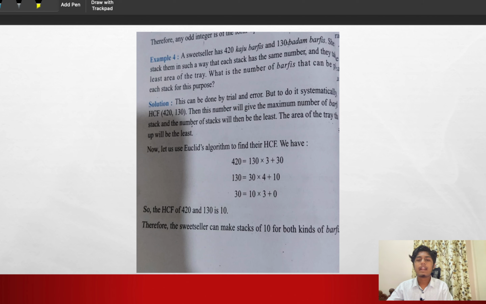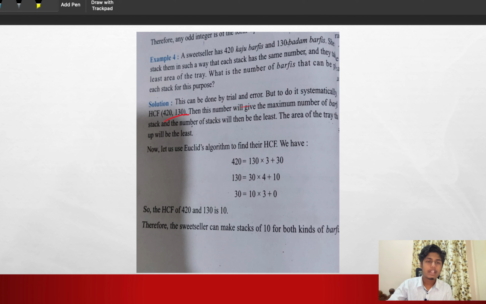This can be done by trial and error method, but to do it systematically, HCF of 420 and 130 can be considered. Then this number will be the maximum number of Barfis per stack, and the number of stacks will be the least. The area will be the least.